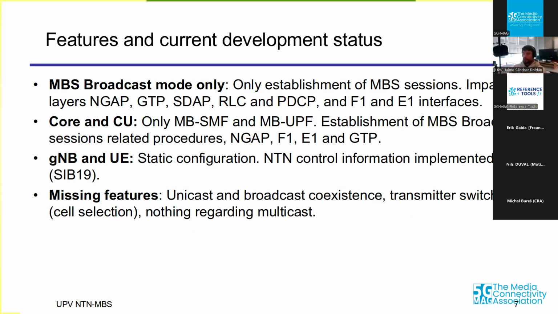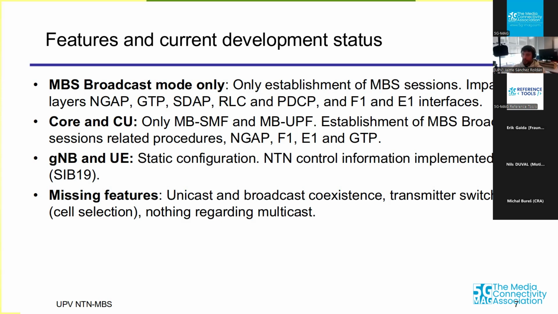Some of those protocol interfaces are between the core and the CU, that is the central unit of the gNB, and the other part of the implementation is between the gNB and the UE, and that affects the distributed unit. For the moment, you can establish a session, but the RAN configuration is static.